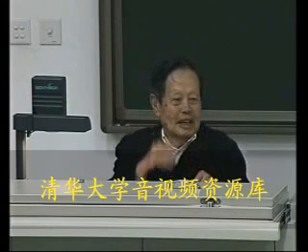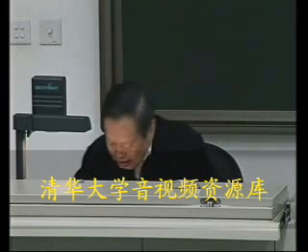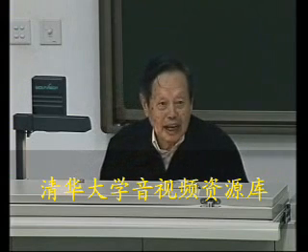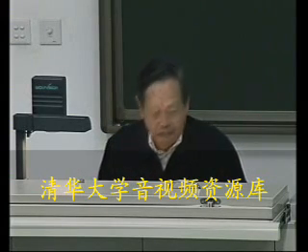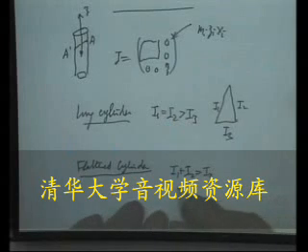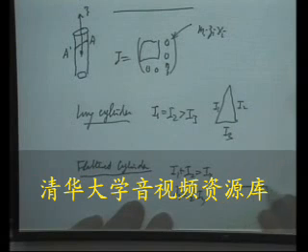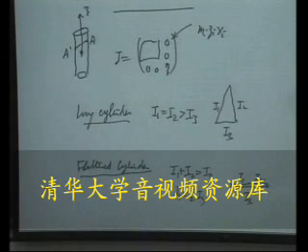So I1 plus I2 is equal to I3. And I1 is equal to I2, so they are each equal to half of I3. So if I draw this, it becomes like this. This is I3, this is I1, this is I2. So for a long cylinder, it's a triangle like this. For a flattened cylinder, it's a triangle like this.